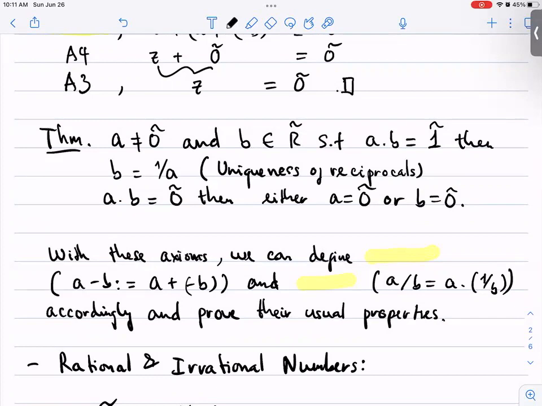The takeaway point is that with these axioms and these theorems we just stated earlier, we can define other operations on the set of real numbers as well. So here we can define subtraction and similarly division.